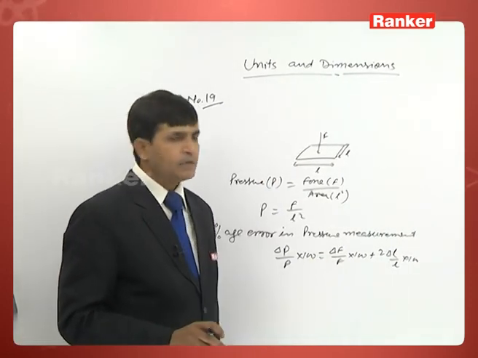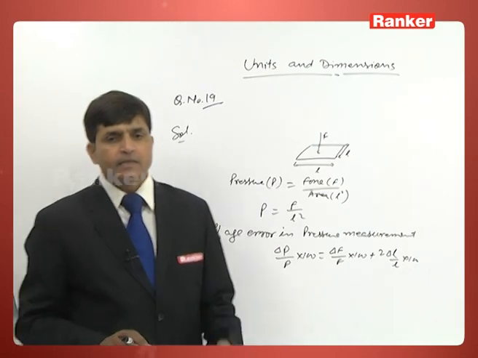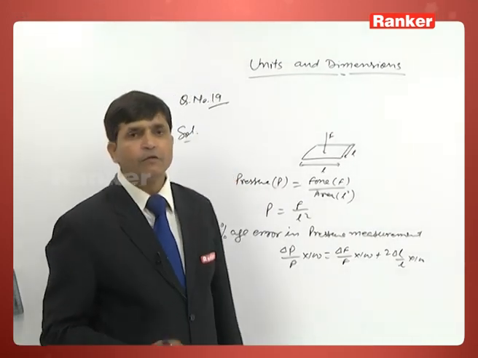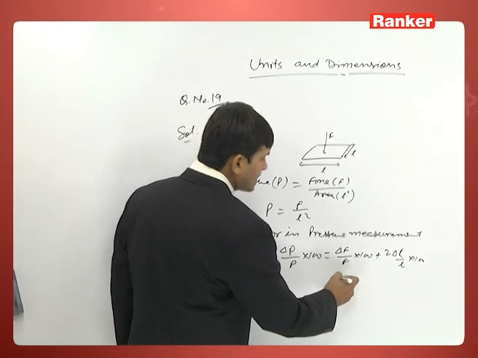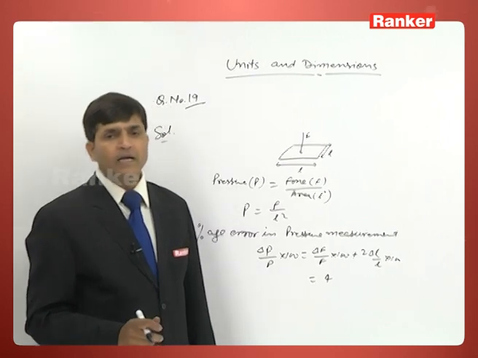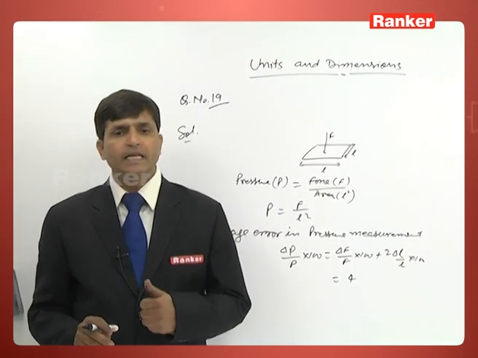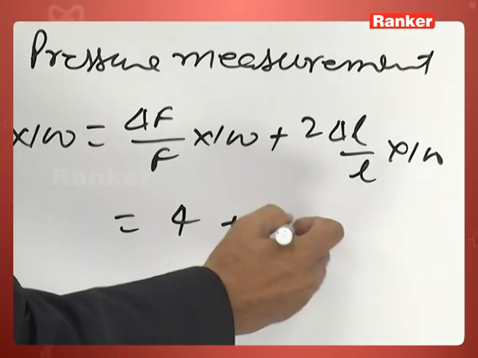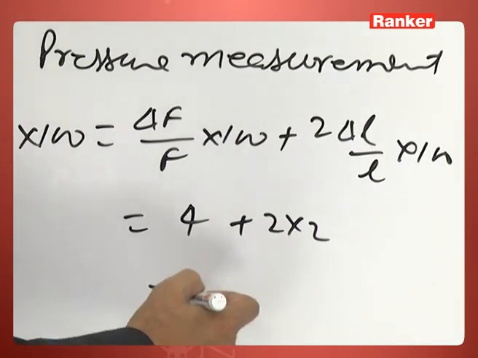So as per the given data here, the error in the measurement of force is 4%, while error in the measurement of length is 2%. So plus 2 into 2, so this becomes 8.